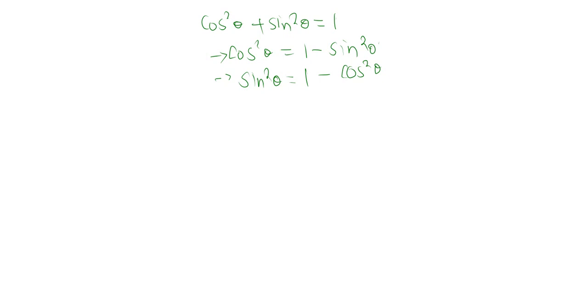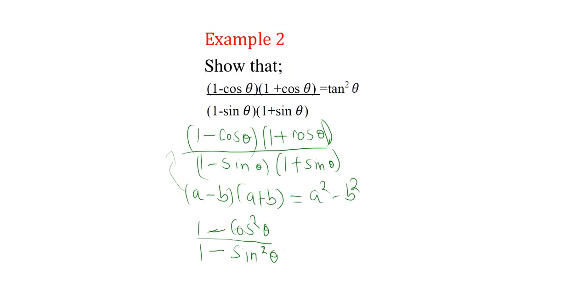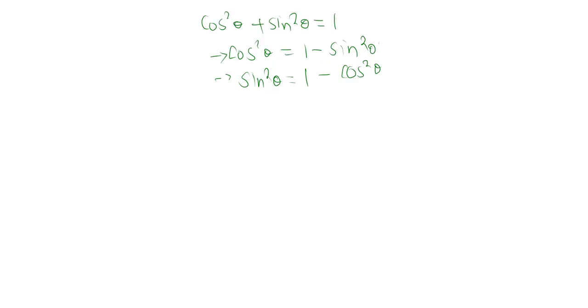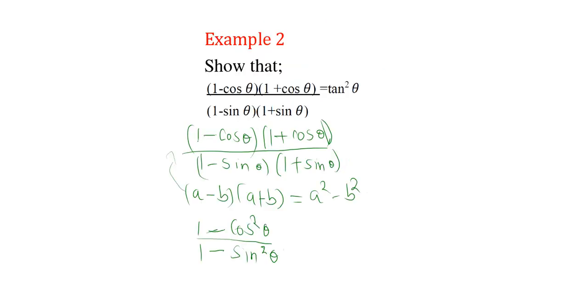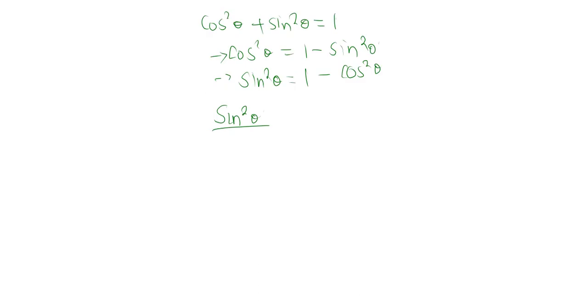Let us substitute this in our expression there. We have 1 minus cosine squared theta, we write the sine squared theta, over, in the denominator we have 1 minus sine squared theta, so we write cosine squared theta.